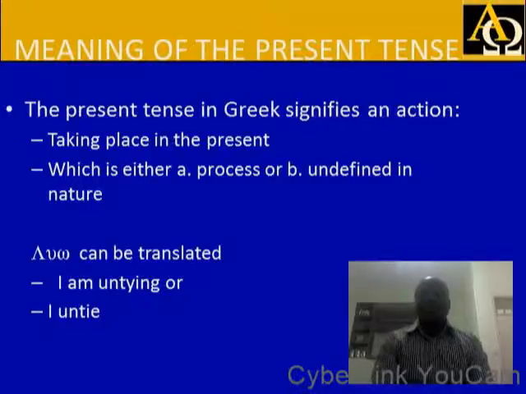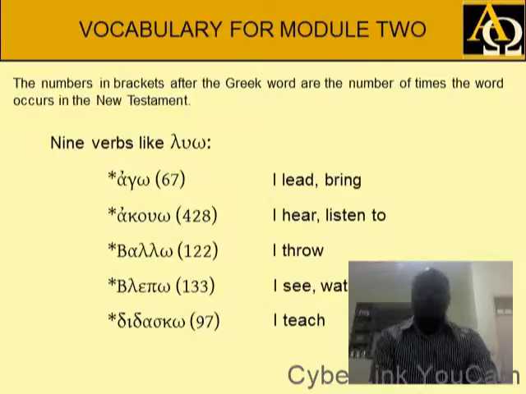It can mean you are saying or you say. So luo can be translated either I am untying or I untie. That's an ambiguity you have to deal with when you're translating the Bible, and many times the context will help us to know what is being meant. All right, with that in mind, let's look at some verbs like luo.